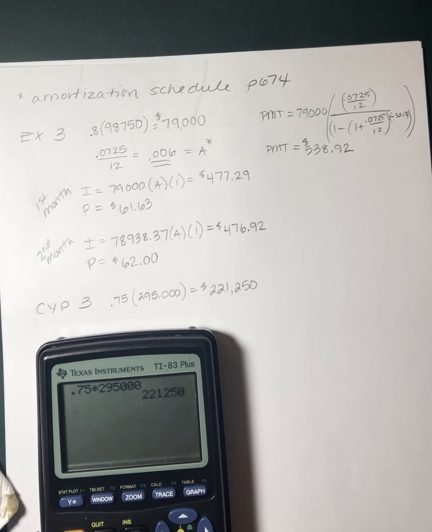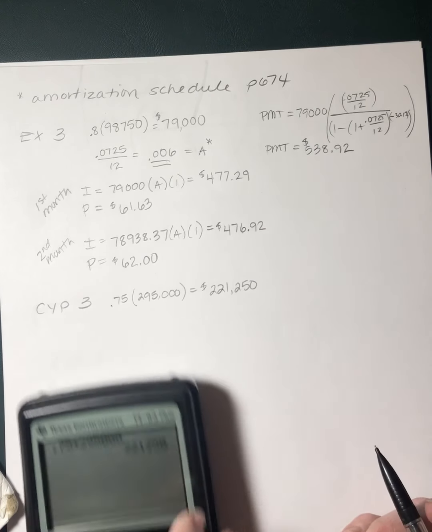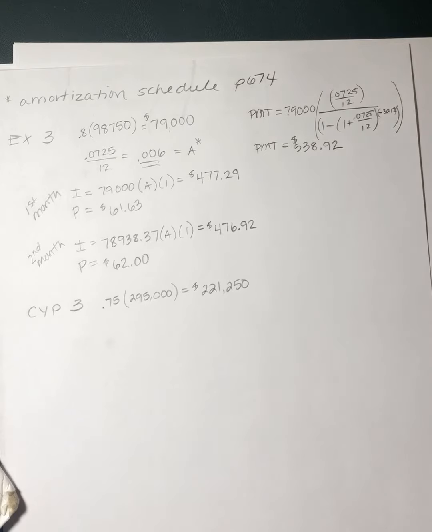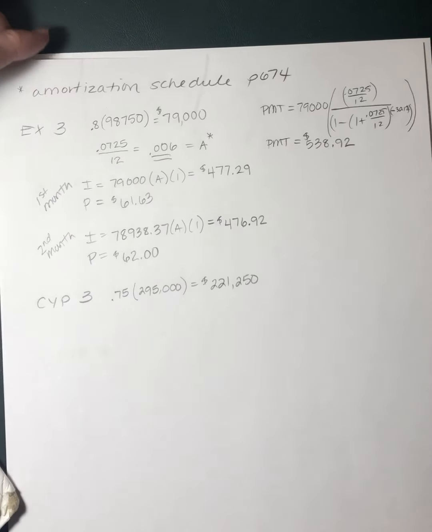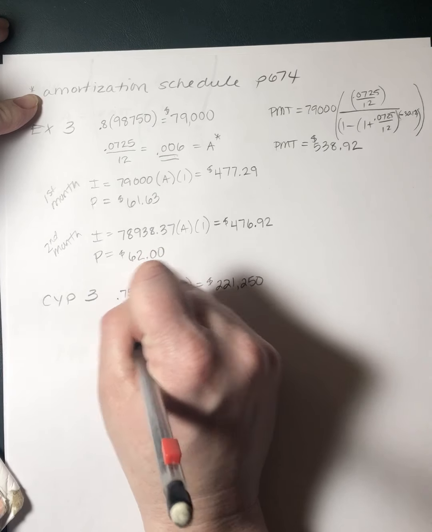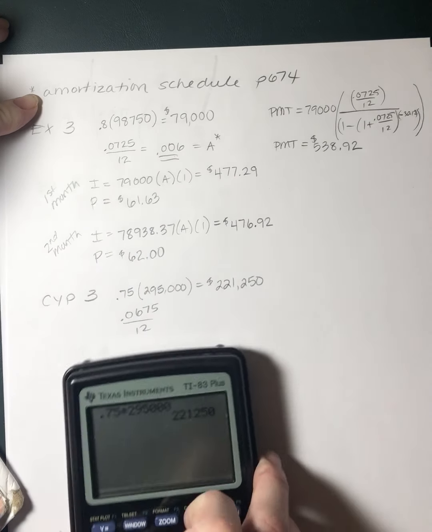So now I need to find out what my interest is per month. Okay, so I take my interest rate, which is 6.75%. So I do 0.0675 divided by 12.